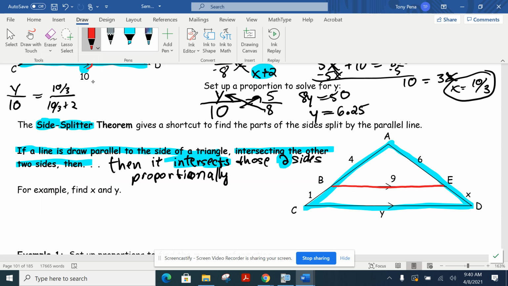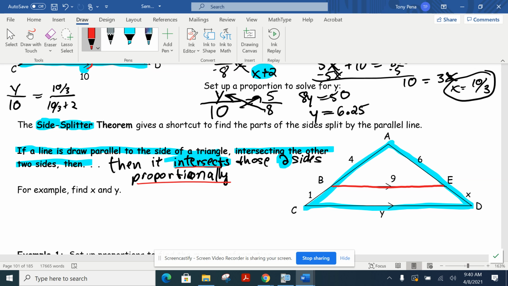And notice how it is parallel to the third side and it intersects the other two sides. So this red line should intersect these two sides, or divide them, split them, however we want to word that, those two sides proportionally.